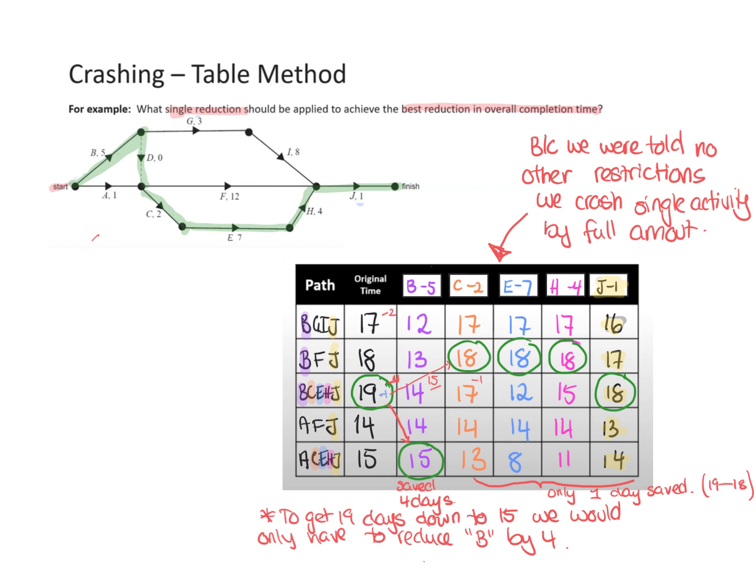So the best impact for this one, so the answer for this is what single reduction? So write the answer. The best single reduction will be activity B, which will save 4 days.